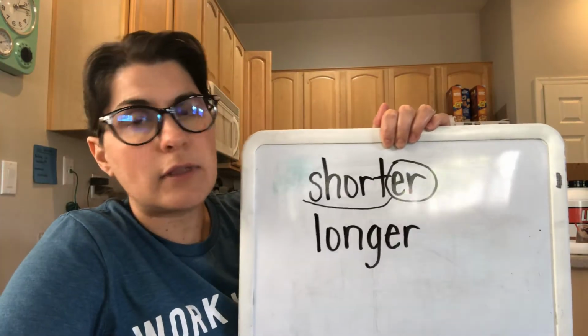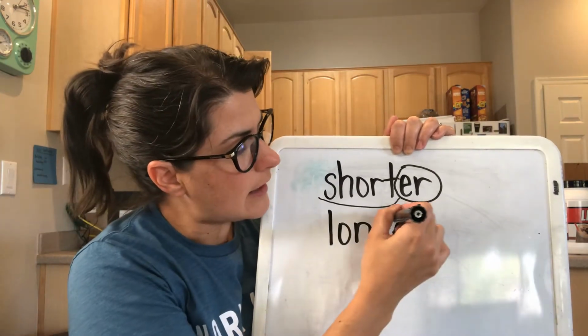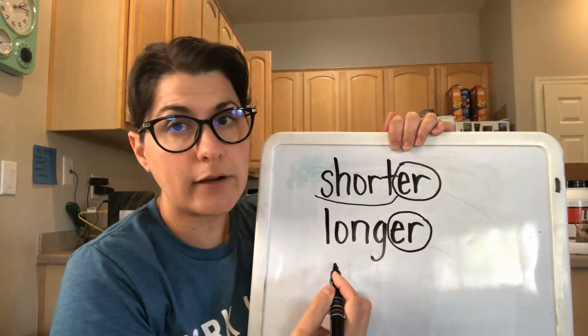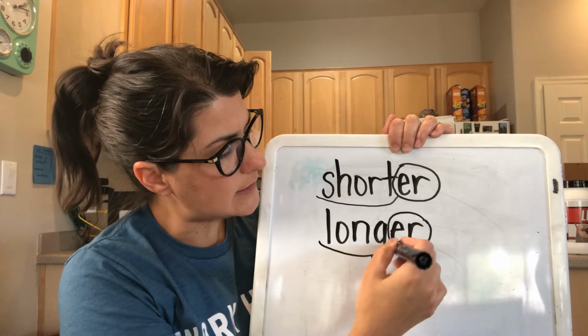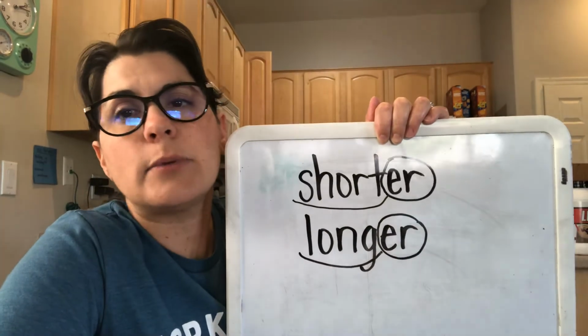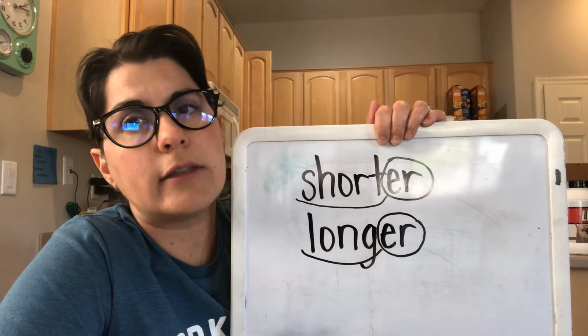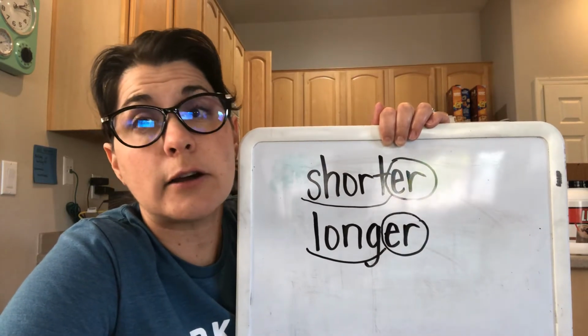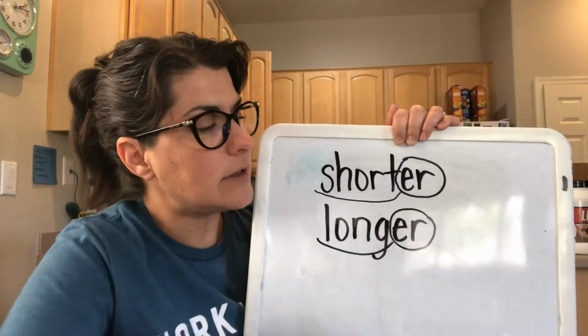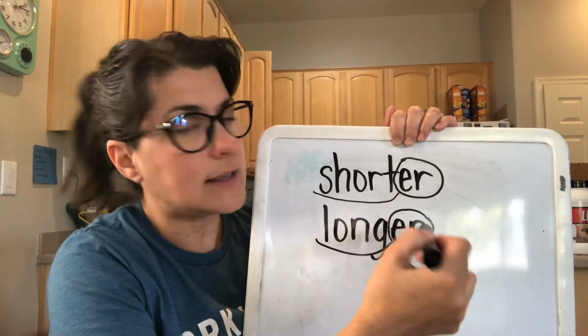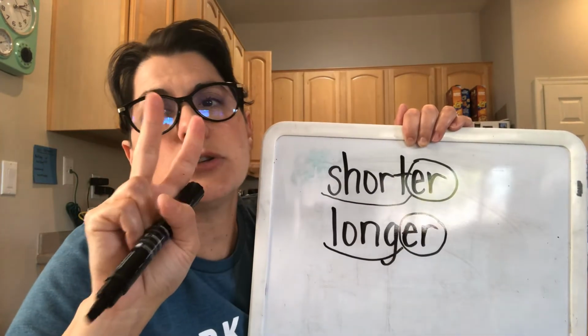If I look at the word longer, I see suffix ER and the base word is long. So that means whatever I'm comparing something to, it's more long than the other object. The ER means more. And I would use these that have suffix ER if I'm only comparing two things.